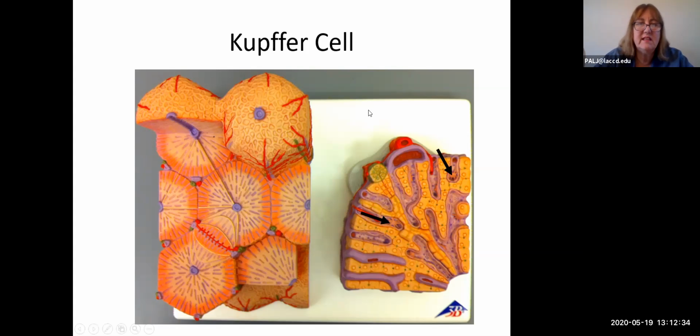If we go back to the picture on the left, we have the portal triad on the outside, then blood from the branch of the hepatic artery and branch of the hepatic portal vein enters the liver lobule through these hepatic sinusoids, and they are going to travel towards the center of the liver lobule.